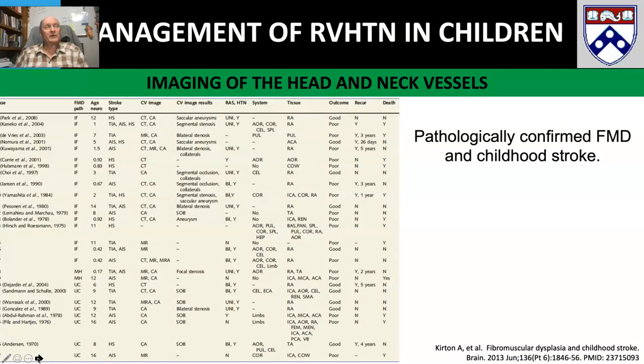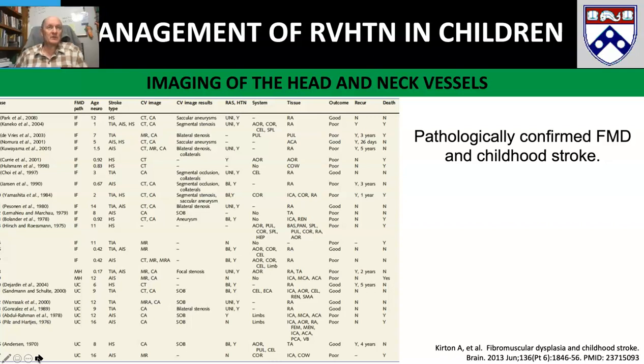So when we do find renovascular hypertension in children, we do imaging of the head and neck. There's very little literature on FMD in childhood stroke, and this was Dr. Curtin's publication now 8 years ago, where he put together the cases of children who presented with stroke who may have had fibromuscular dysplasia.